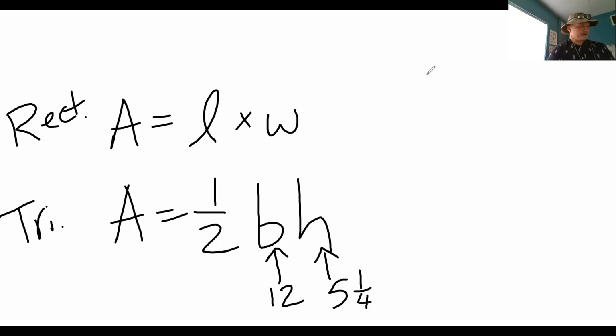So find the area. What I would do here is plug in those values. So B is 12 and then H is 5 1/4. So I would take 1/2 times 12, which would be 6, and then 6 times 5 1/4. Okay, so that's all you have to do for that. You guys doing okay with just finding the area for a triangle?